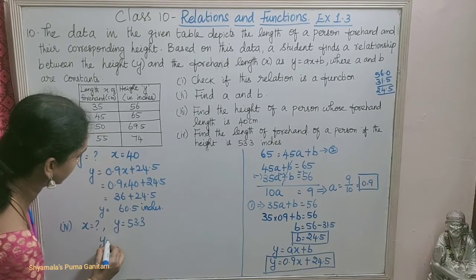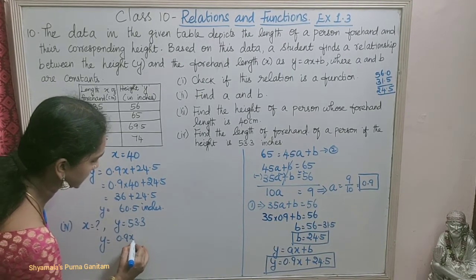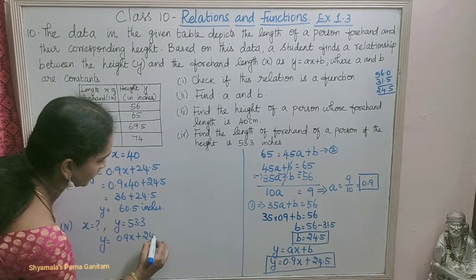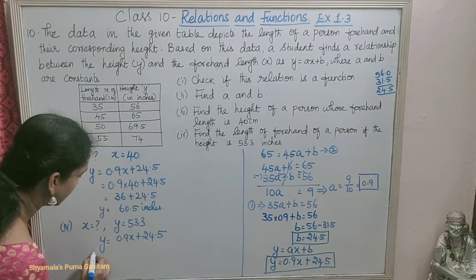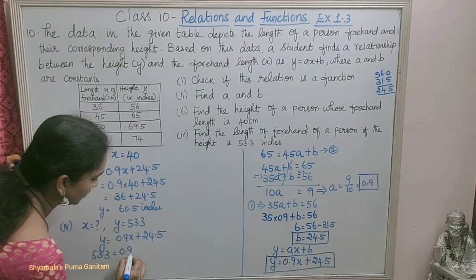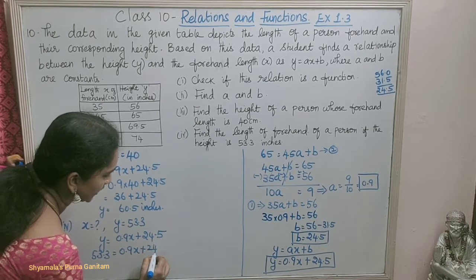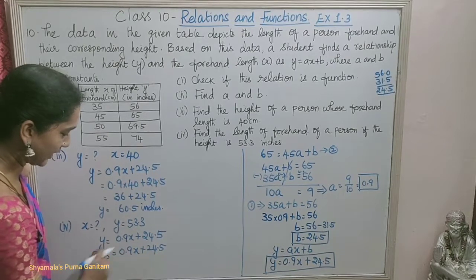So y is equal to ax plus b, that is 0.9x plus 24.5. Okay, so this y value 53.3 is equal to 0.9x plus 24.5. So this has to be simplified now. So we will bring this here.